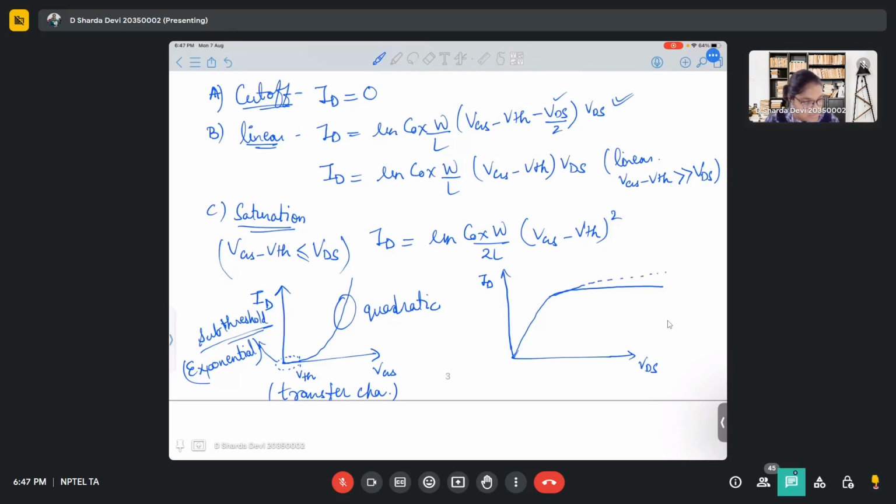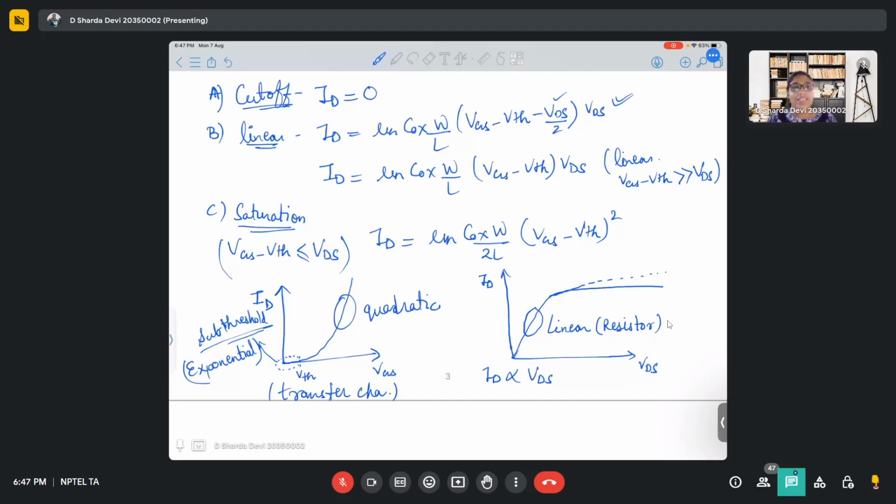Okay. So first of all, this is the linear region that we are talking about, when your VDS is small. And in this linear region, your ID is directly proportional to VDS. So it acts as a resistor.